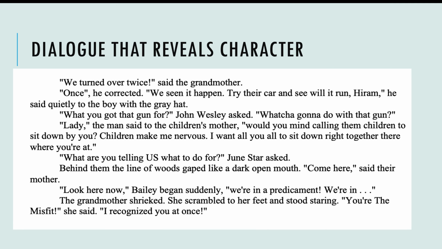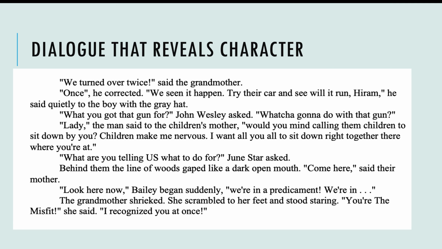It says, "We turned over twice," said the grandmother. "Once," he corrected. "We seen it happen. Try their car and see will it run, Hiram," he said quietly to the boy with the gray hat. "What you got that gun for?" John Wesley asked. "What you gonna do with that gun?" "Lady," the man said to the children's mother, "would you mind calling them children to sit down by you? Children make me nervous.